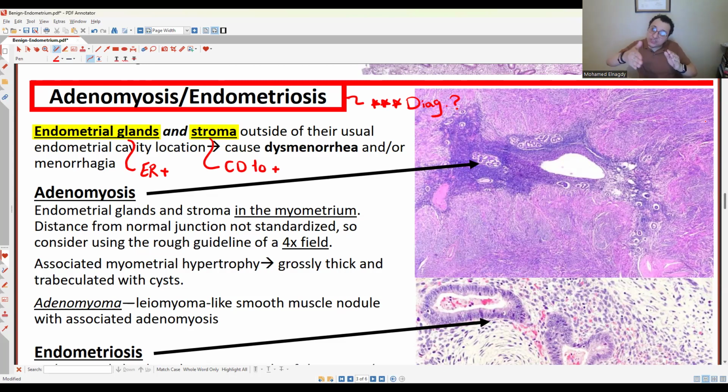The secretions could be subnuclear piano keys in early secretory, and luminal, towards or inside the lumen, in late secretory. And in any secretory endometrium, when you look at the stroma, the stroma is loose and edematous.